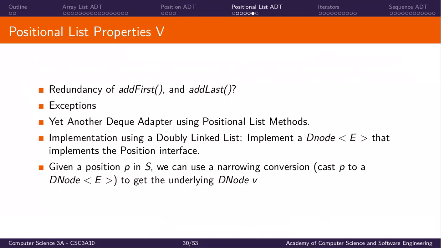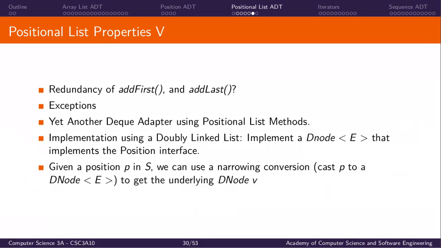All right, if we were to implement our positional list using a doubly linked list, then that'll be really convenient because we know that all our operations will be constant time. In this case, our DNode, the node that we use for a doubly linked list, would implement the position interface.